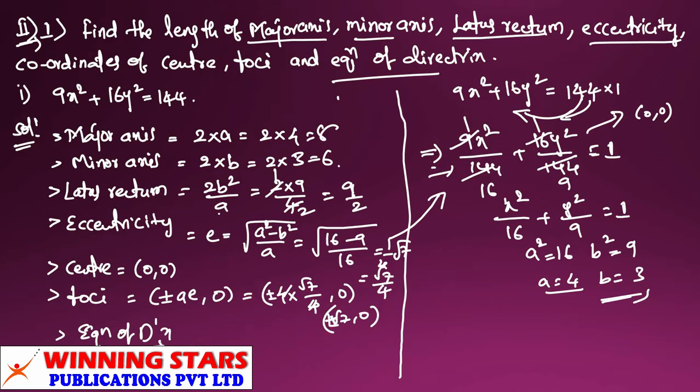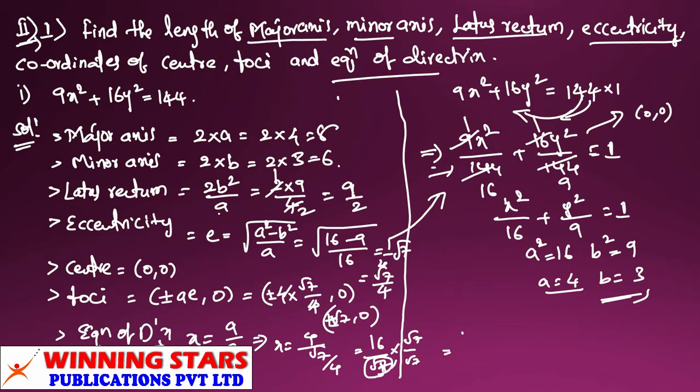Now the equation of the directrix: x is equal to a by e. Here a is 4, e is root 7 by 4, so 16 by root 7 will be the answer. If you don't want an irrational number like root 7 in the denominator, you multiply by root 7 in numerator and denominator.